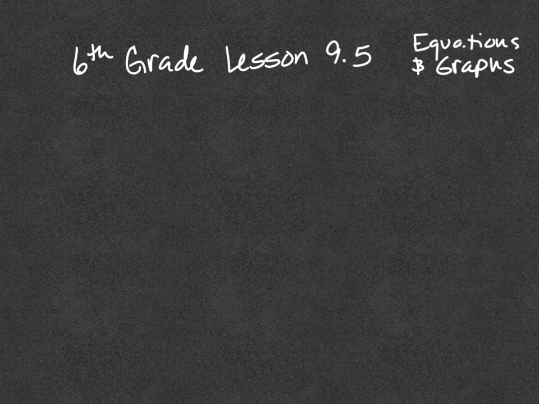So let's talk a little bit about solutions to equations just to refresh our memory. Remember we earlier were looking at equations that had two variables in them, and we said, I can't solve this really because there are two unknowns.